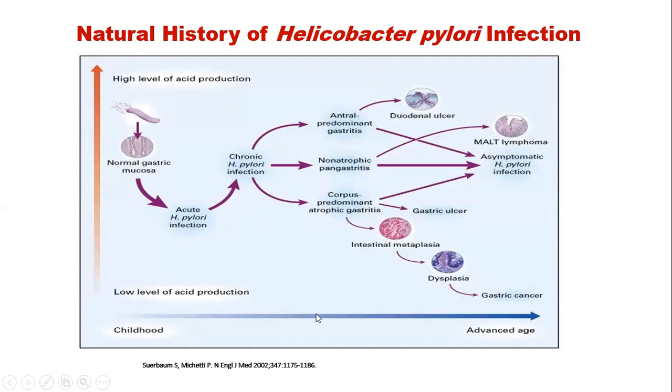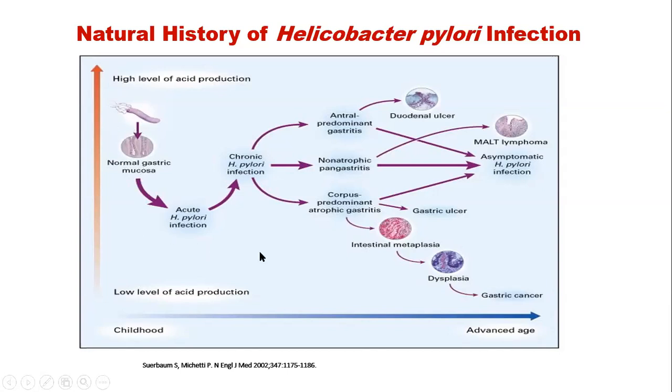And then you have a timeline here, with features associated with the infecting strain. You have those that result in low level of acid production, and those that result in high level of acid production as a result of the presence of this organism.